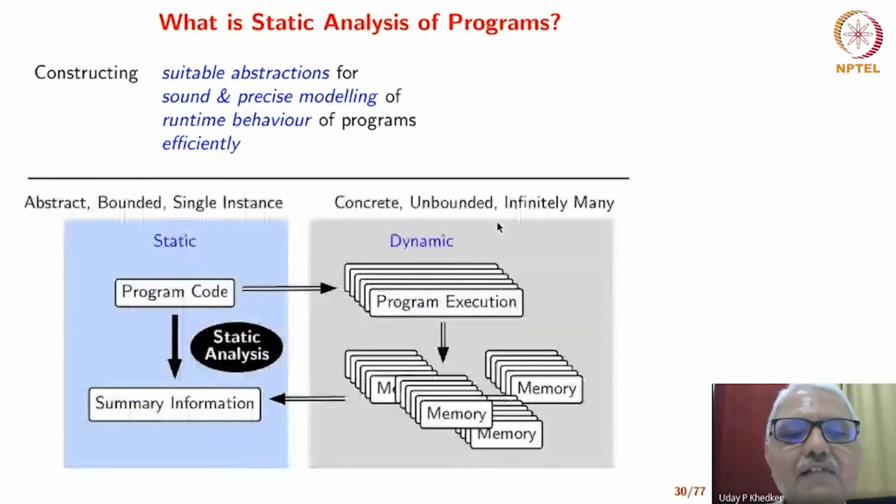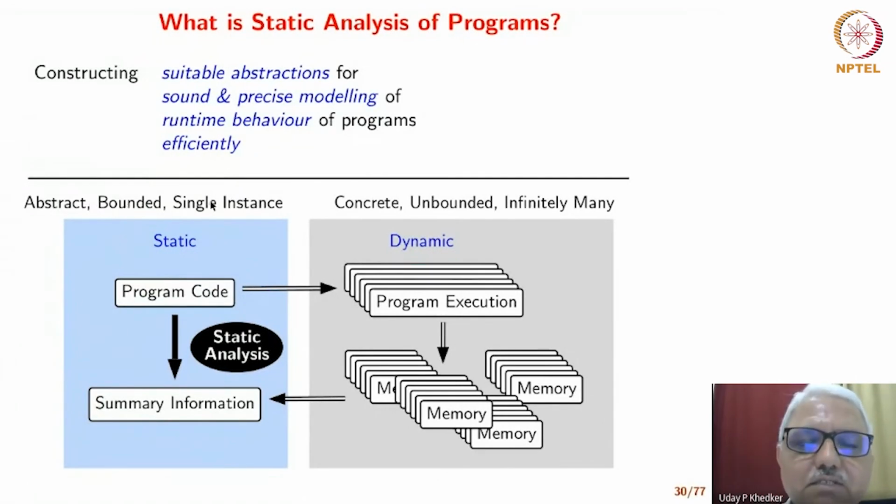So what we have here is a static world and a dynamic world. In the static world, we have program code. And in the dynamic world, we have a program in execution, which is a process. For a single program code, multiple processes are possible. Program code is abstract and bounded.